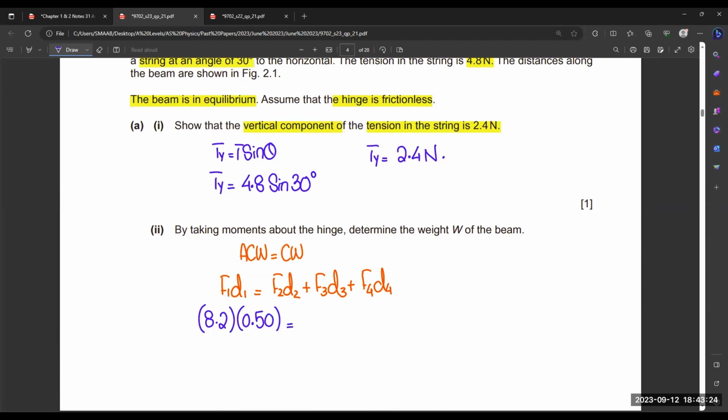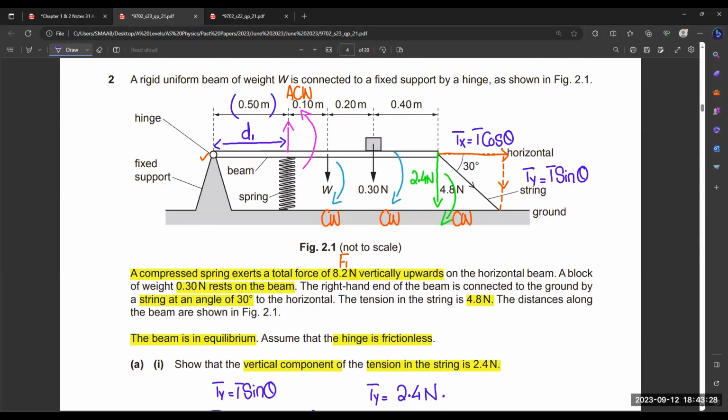And if we talk about the remaining forces, the next force is unknown. So we write W, and what is the distance? 0.5 plus 0.10, that is equal to 0.60, because we need to take the complete distance like this.